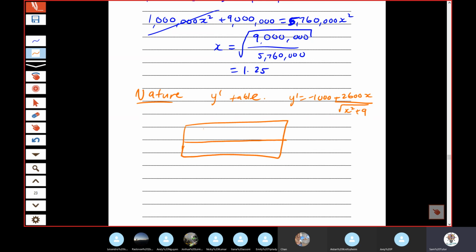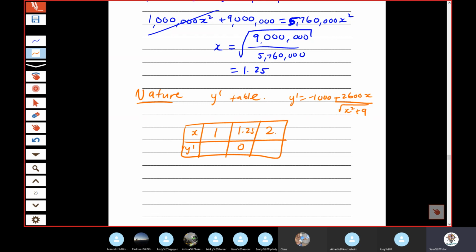Then we've got our y dash table. x, y dash. 1.25 always goes in the middle. 0 goes at the bottom. Then we choose a number before 1.25. We're going to choose 1. We choose a number higher than 1.25. I'll just choose 2. Or you could have chosen 1.5. Sub it in.